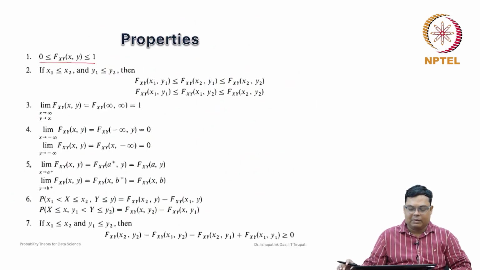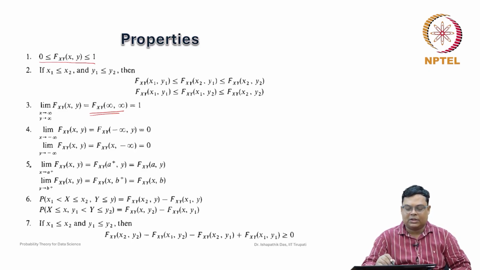Now, these are some of the basic properties, and another property is that if you take x goes to infinity, y goes to infinity, F_XY of (x, y) is nothing but F_XY of (infinity, infinity). We are not putting this value in; it is just a limiting value that we want to find. We will not go through the rigorous proof, we just try to find some intuition.